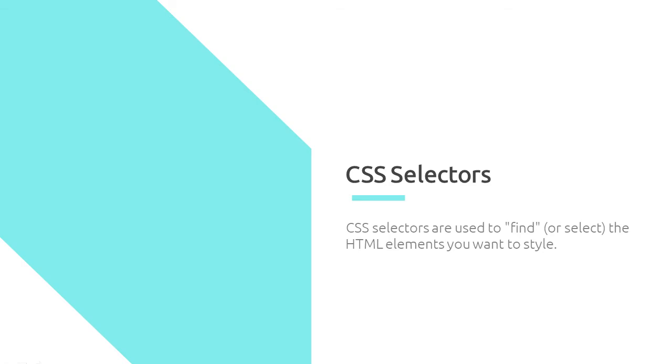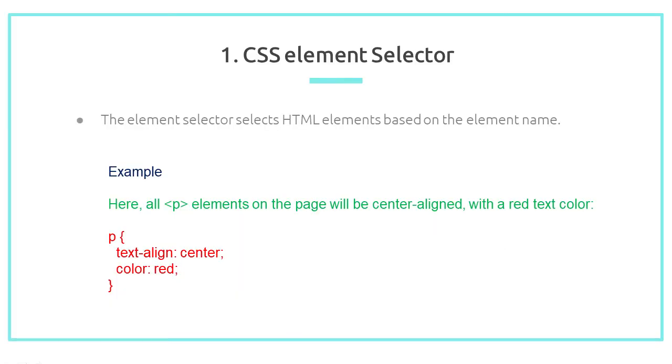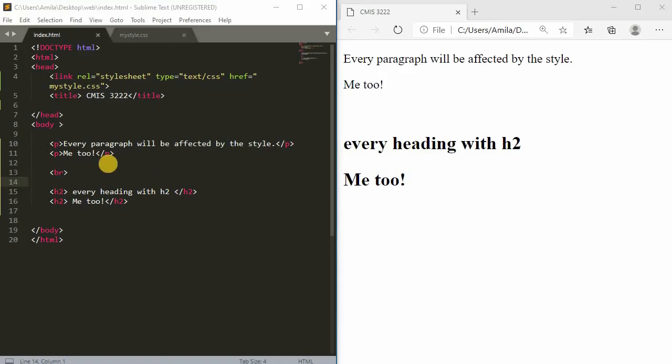CSS selectors. CSS selectors are used to find or select the HTML elements you want to style. CSS element selector. The element selector selects HTML elements based on the element name. Example: here, all P elements on the page will be center aligned with a red text color. Here we have 2 paragraphs and 2 headings.